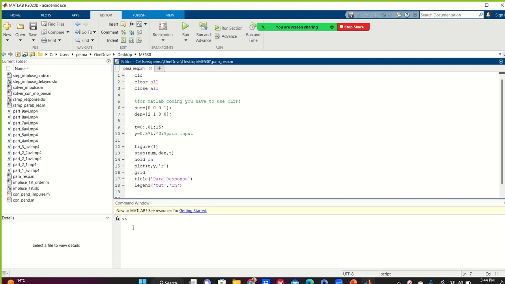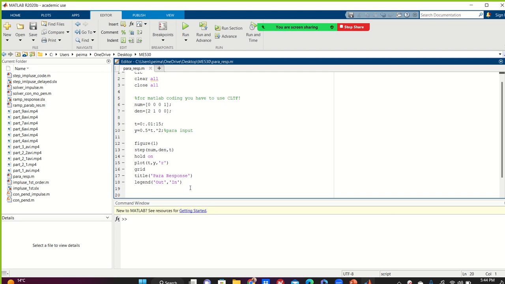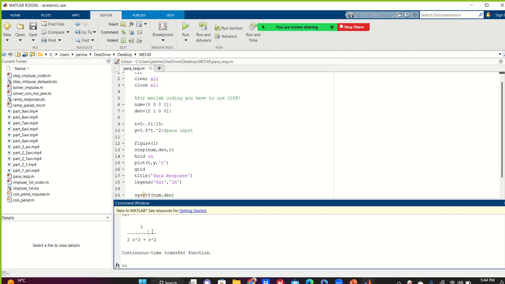See what I'm saying? And guys, another thing that I want to teach you: there's a command in MATLAB. If I say sys equals tf of num and den, let's see what it gives us. 1 over 2s cubed plus s squared. Continuous-time transfer function.